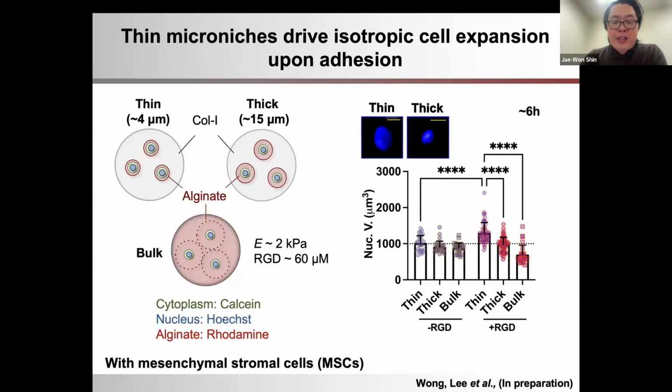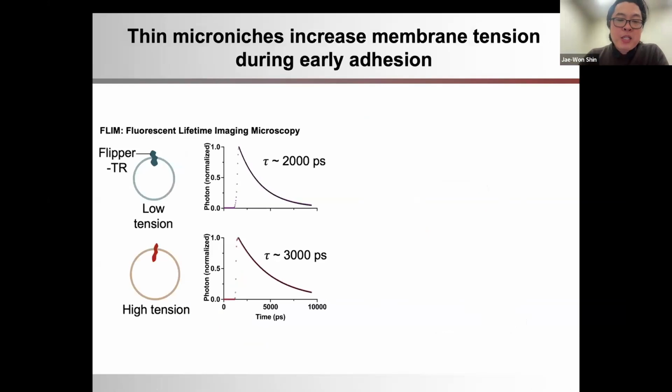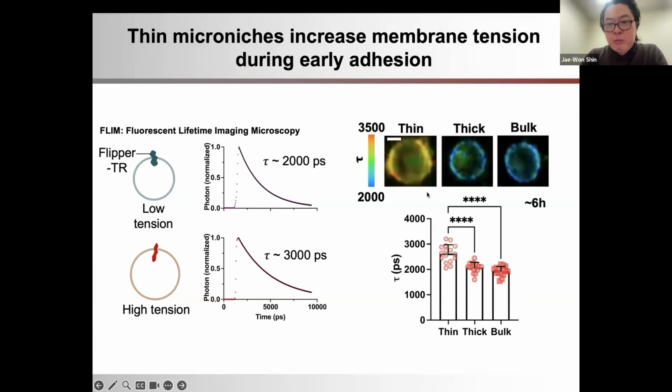But I wanted to highlight what the consequence of this phenomenon is. As a result of cells being able to undergo isotropic expansion rapidly, but also in a sustained manner over time, we measured it over 3 days and this expansion still occurs. We basically see that there is an increased membrane tension around individual cells when they're in the thin hydrogel compared to thicker microniches, as measured by the Flipper dye, which changes conformation.